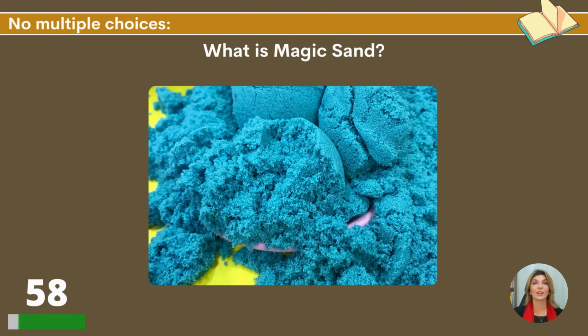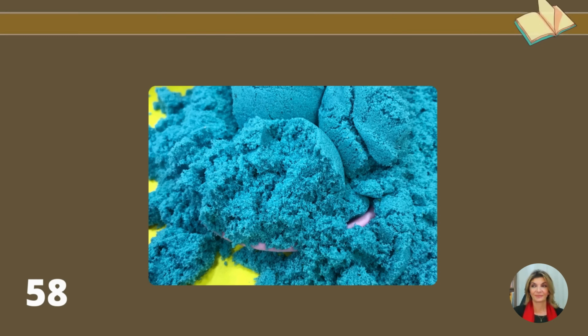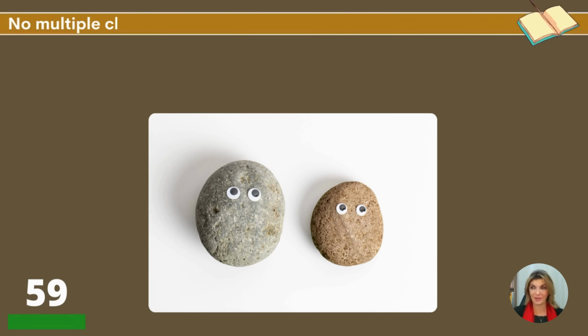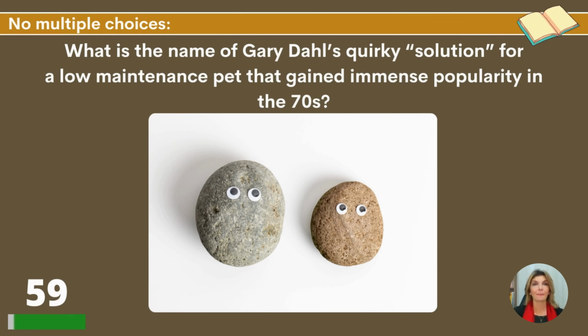No multiple choice here. What is magic sand? Sand coated with a hydrophobic compound. What is the name of Gary Dahl's quirky solution for a low-maintenance pet that gained immense popularity in the 70s?